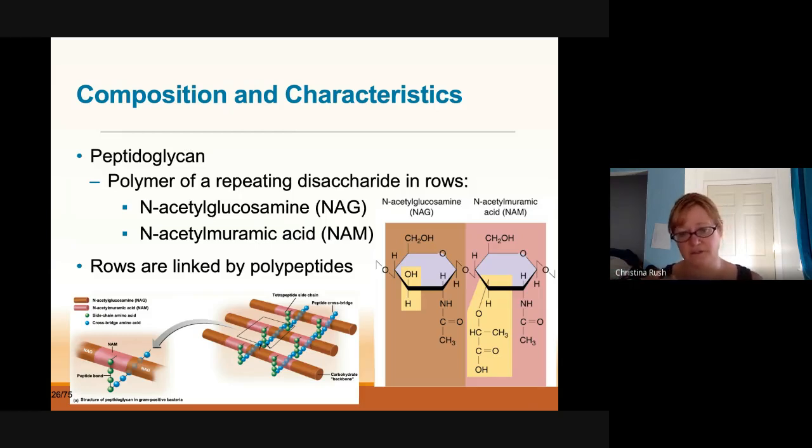There's an oxygen in the middle, and they can be hydrolyzed, so you can cleave that. But generally speaking, if you don't have an antibiotic in there, these are pretty strong structures. They're tightly bound to each other, and they create these rows and rows that are linked by polypeptides. So they're going to be linked with some proteins.